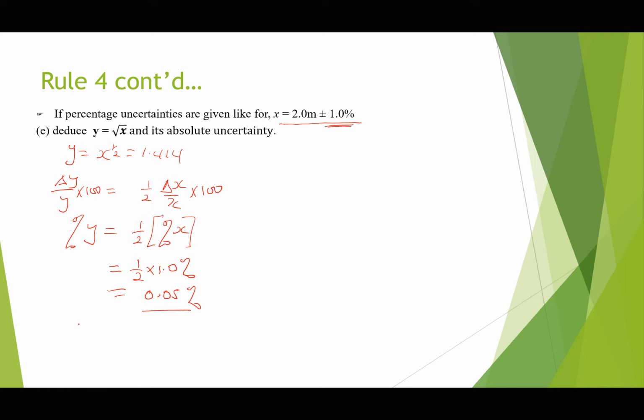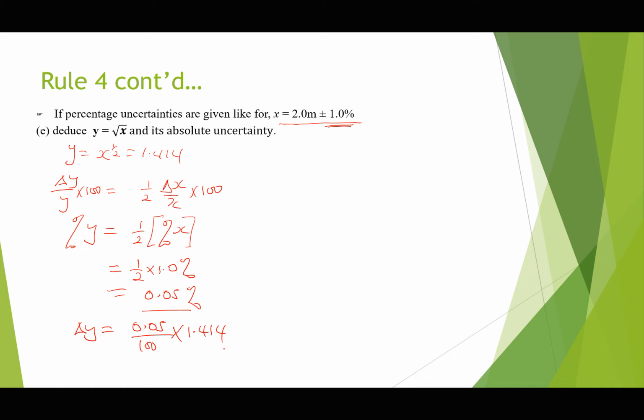So the absolute uncertainty in y will be 0.05 divided by 100, of course, times the true value of y, which is 1.414. So you have 1.414 times 0.05.